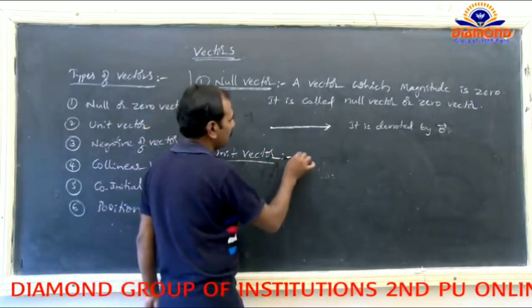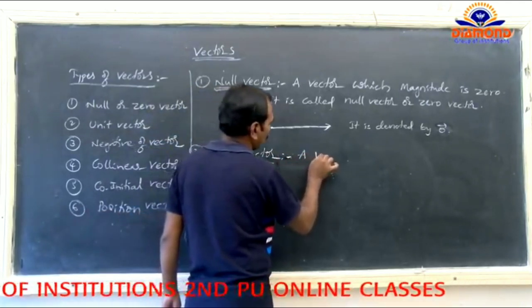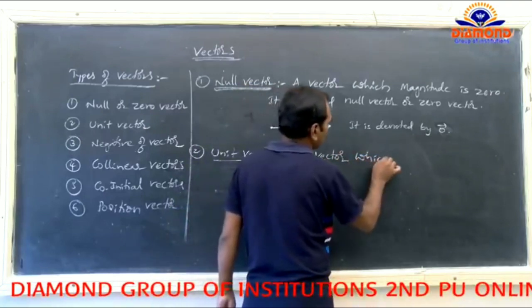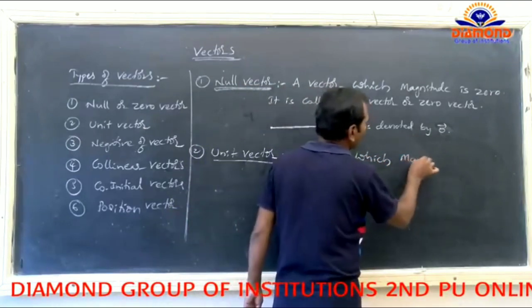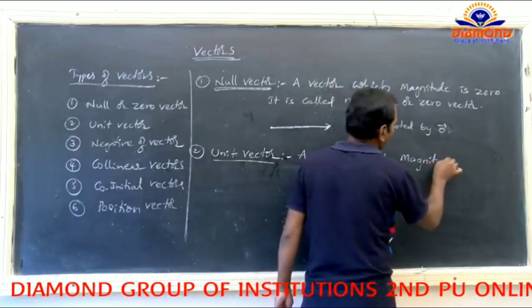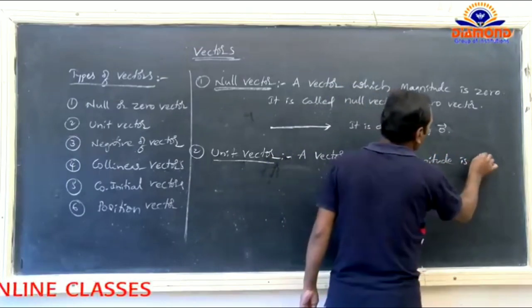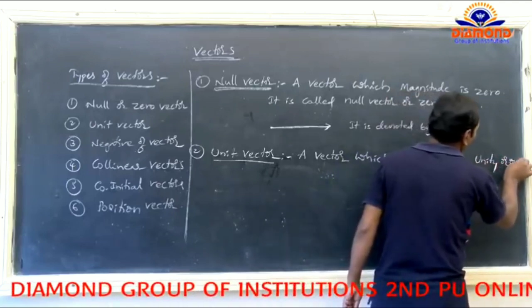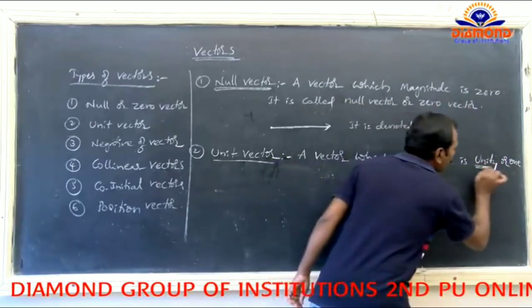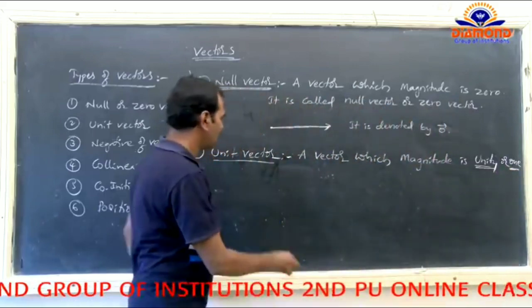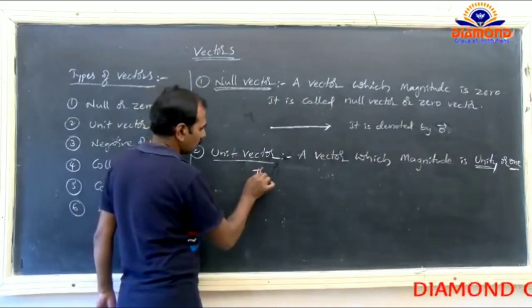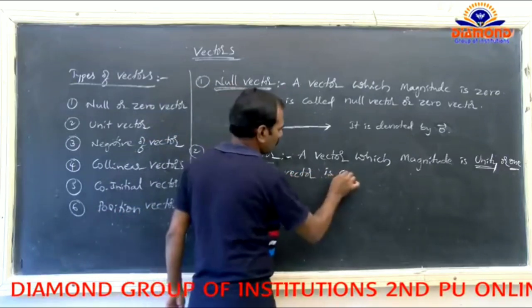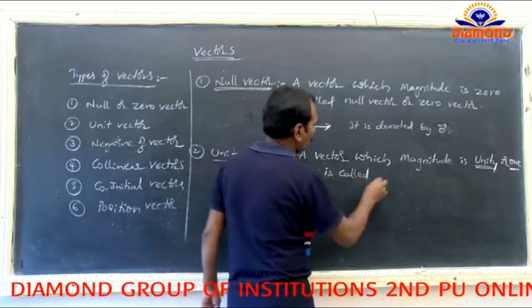Unit vector means a vector whose magnitude is unity or 1. Magnitude is unity or 1, that vector is called a unit vector.